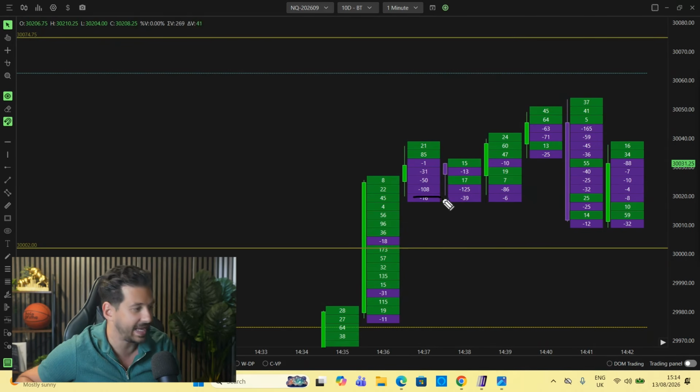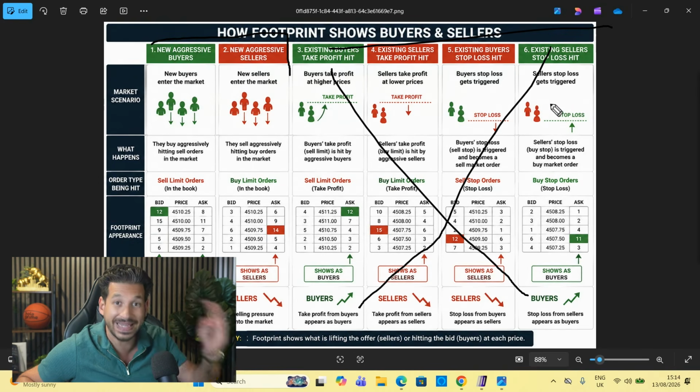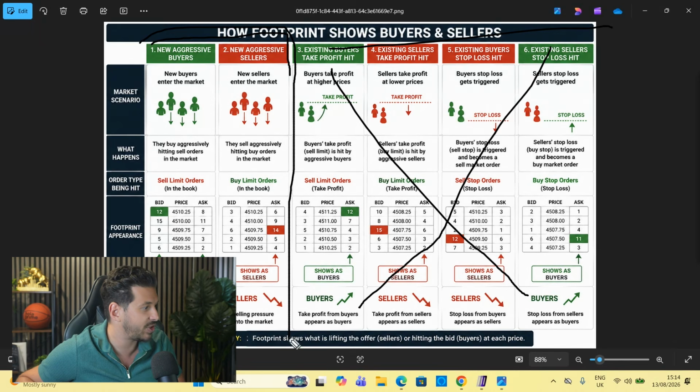No. Again, remember, we only want to short or buy based on these two scenarios. We don't care about these people. It's good to know, it's good to identify, but this is really the only thing we actually want to pay attention to, okay?